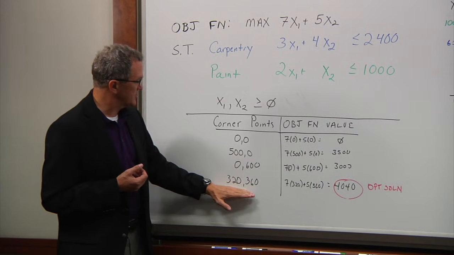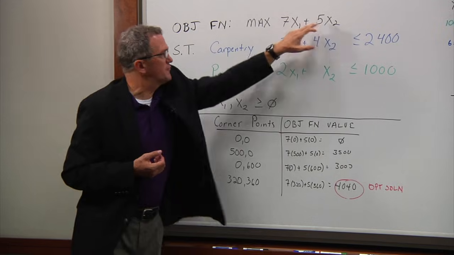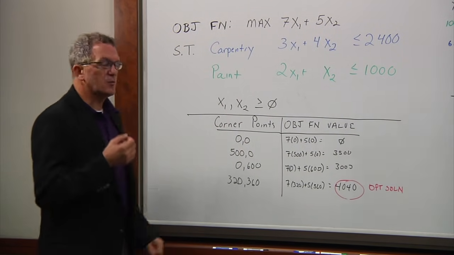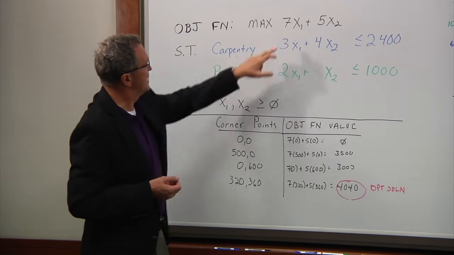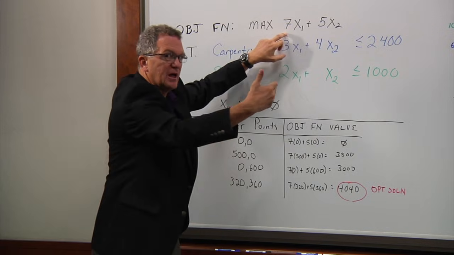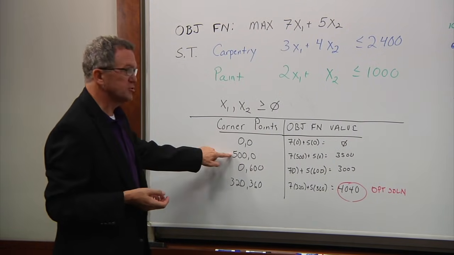Since this is my current solution, I want to find out how far these coefficients change before I prefer one of the other solutions. In other words, somewhere between $7 per table and $1,000 per table, because if I go to $1,000 per table, I would want to make all tables, no chairs.